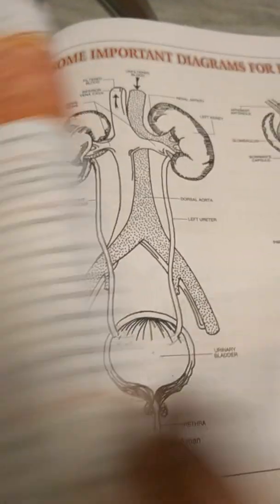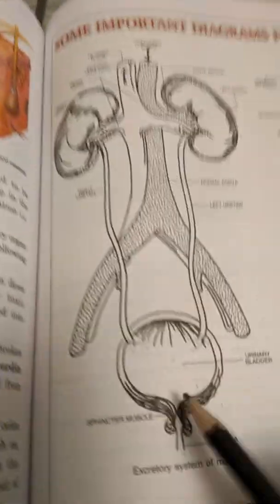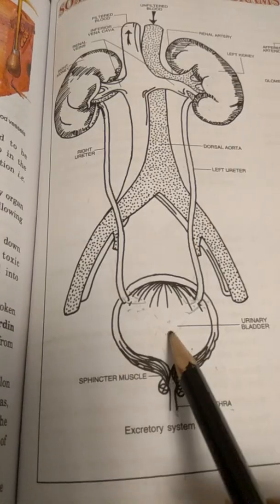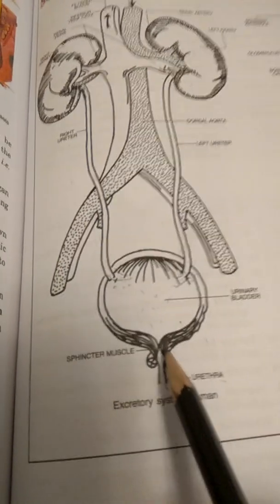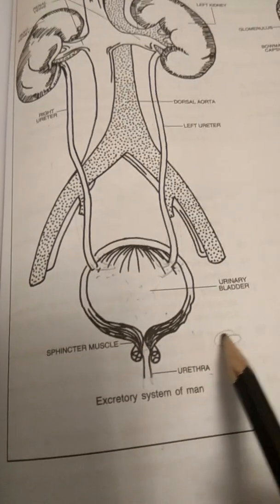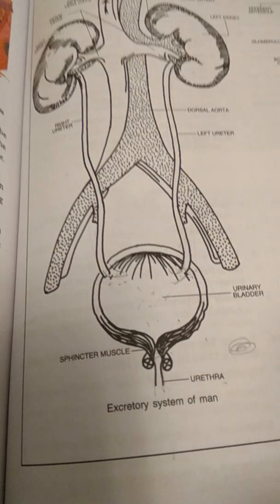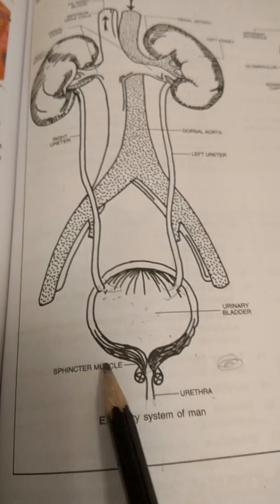The urinary bladder's function is that it stores urine temporarily. The opening of the urinary bladder to the outside tube, the urethra, is guarded by a band of round circular muscles called sphincter muscles.